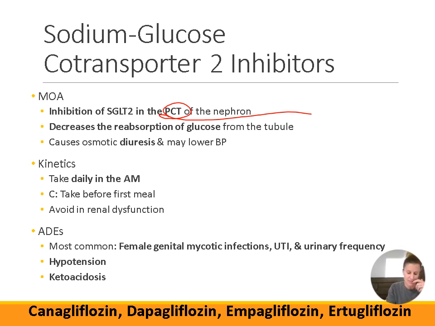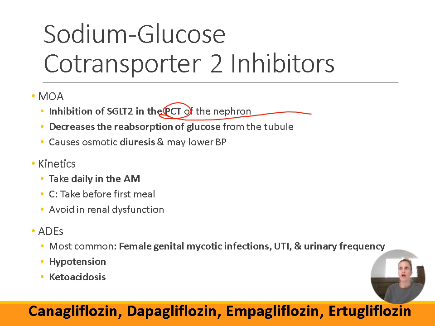This inhibits the transporter that reabsorbs glucose. So instead of reabsorbing glucose, glucose remains in the urine, and we're able to actually get rid of glucose in the urine. So this decreases blood glucose by urinating that glucose out. So it lowers blood glucose.